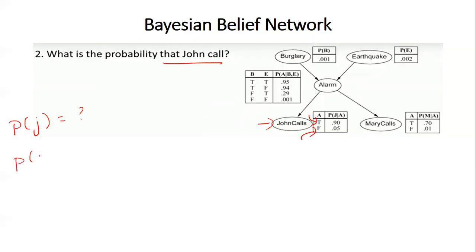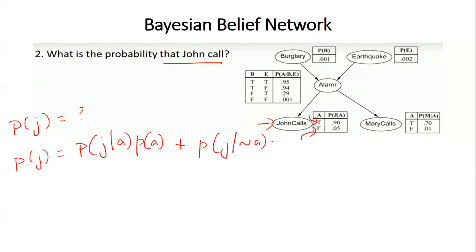So the probability of John calling is the probability of John calls given there is an alarm, into the probability of occurrence of alarm, plus the probability of John calling given there is no alarm, into the probability that there is no alarm.